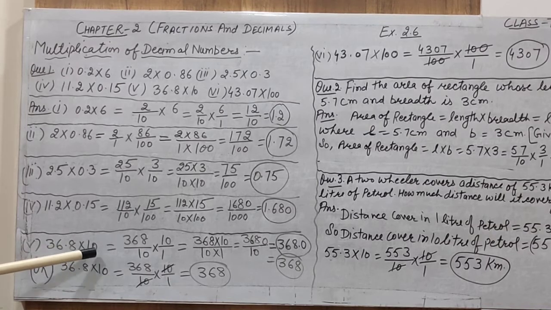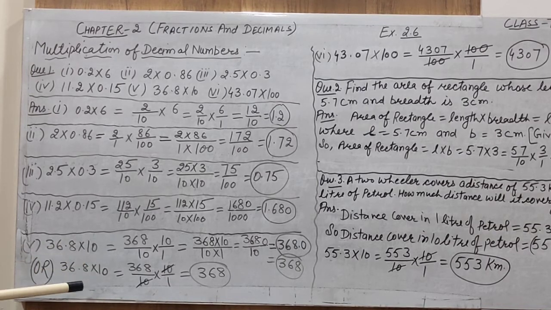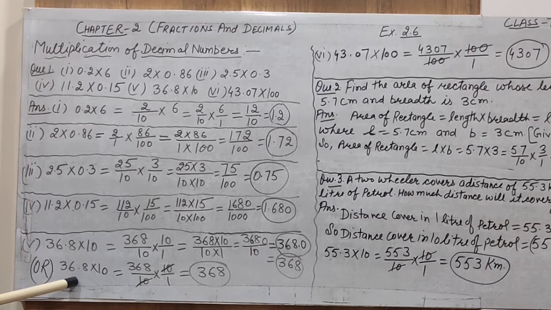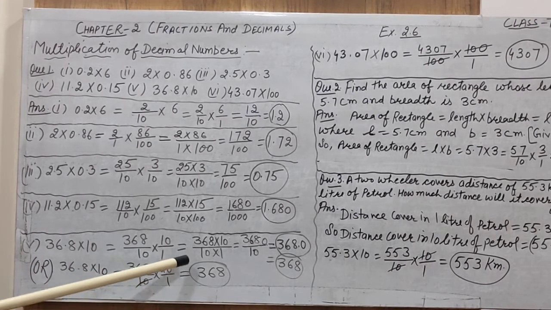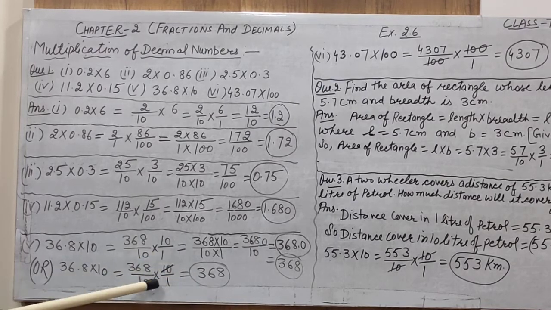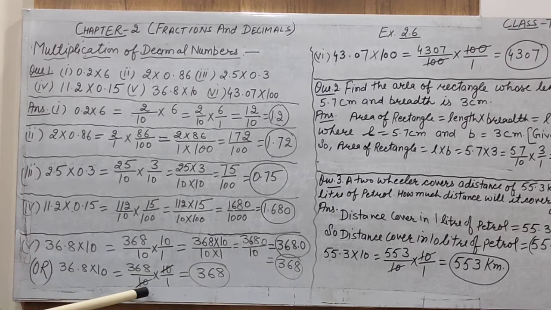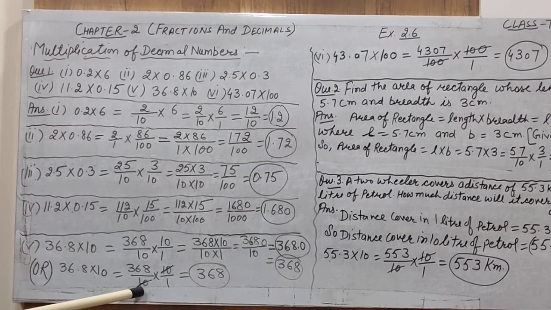Now let us see one more method, which is the easiest method to solve such kind of decimal numbers, in which 10 or 100 is multiplied. Now when a decimal number 36.8 is multiplied with the 10, change this decimal number into fractional form. 368 divided by 10 multiplied with 10 by 1. These two steps are similar. Now here 10 in the numerator and 10 in the denominator. Alright, we can cancel out these two same numbers directly.